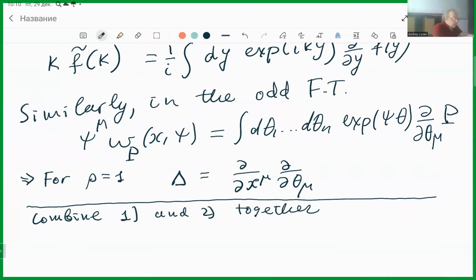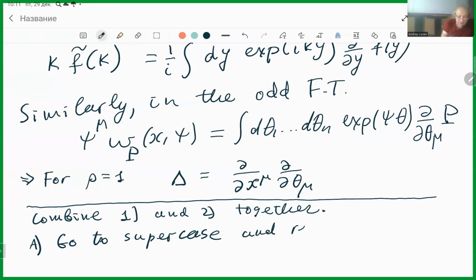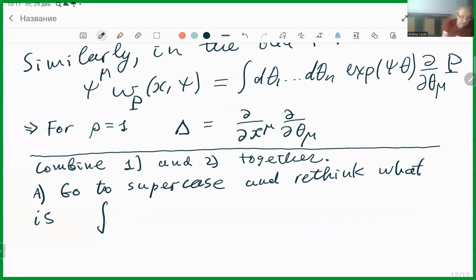So how are we going to do it? Step A. Let us go to supercase. And when we go to supercase, we do the following and rethink what is the integral of a differential form over the cycle in the fiber.